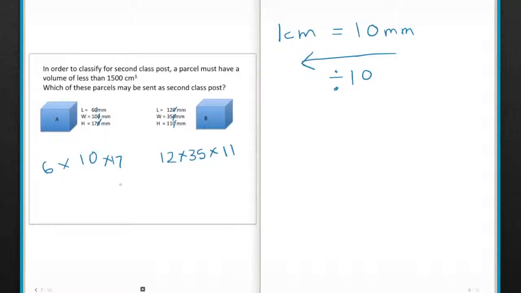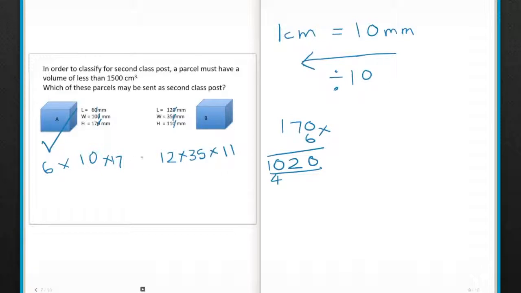Okay, let's work out the volume of this first one. 10 times 70 is 170, and 170 times 6 is 6 times nothing is nothing. 6 sevens are 42. 6 ones are 6. Add 4 is 10. 1020 centimetres squared, and that is less than 1500. So this one will go to second class post.